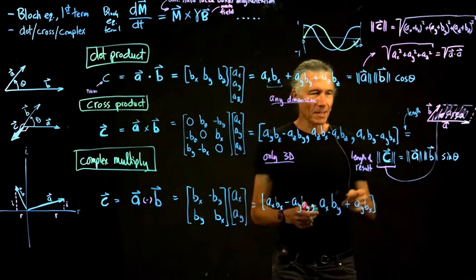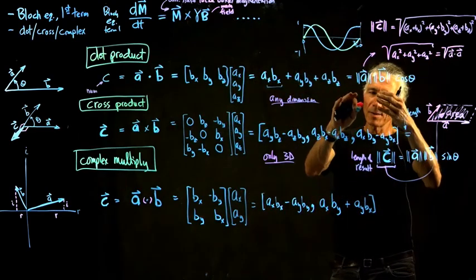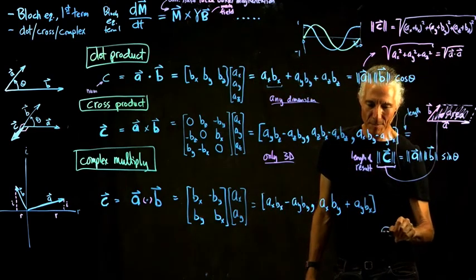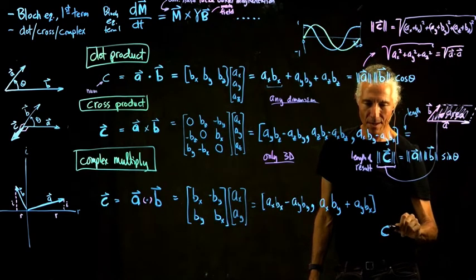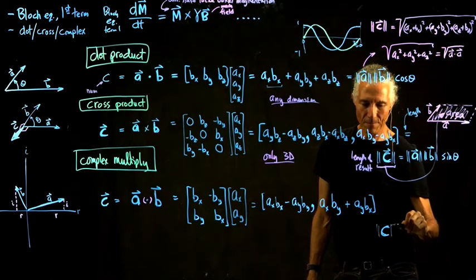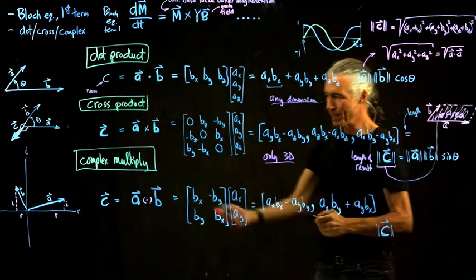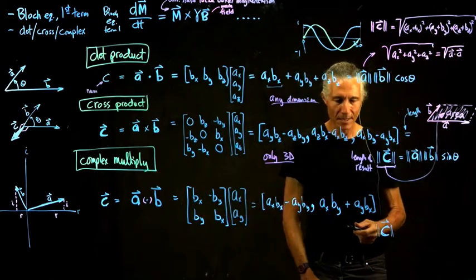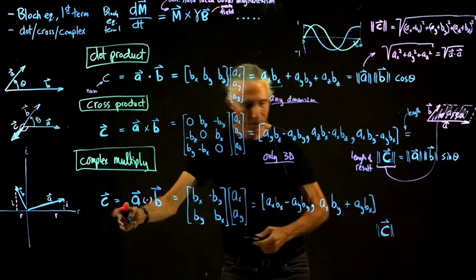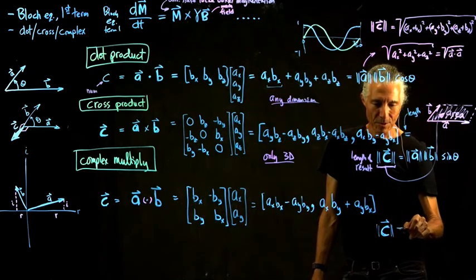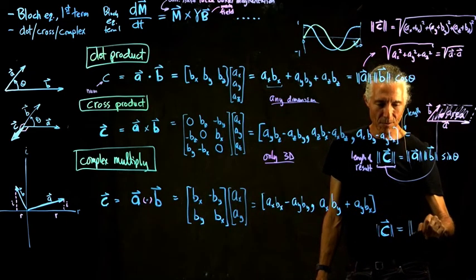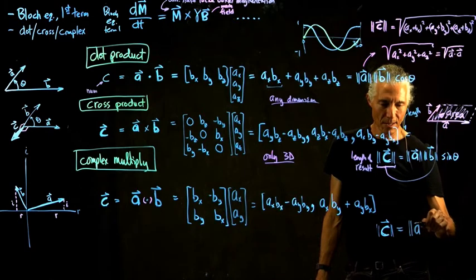Now, in contrast to the dot product and the cross product, when you do the complex multiply, if you take the resulting length of the resultant, which I'll draw out in a second, what does that equal? Well, it turns out that's just equal to the length of the two vectors multiplied by each other.